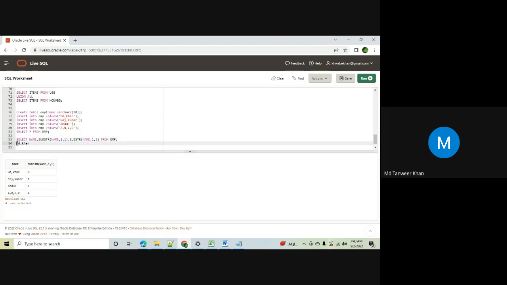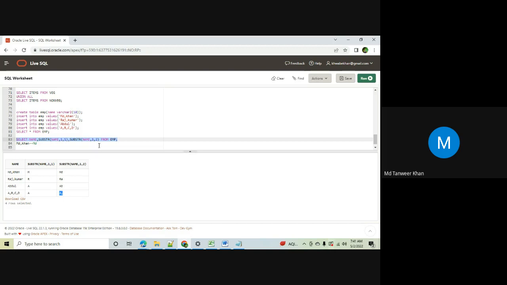One step is M, the second step is D. Total steps covered is MD. So you should get output as MD. Let me show you this. Got output as MD. The output is RA. The output is AB. And here is A and then comma. Is this clear?